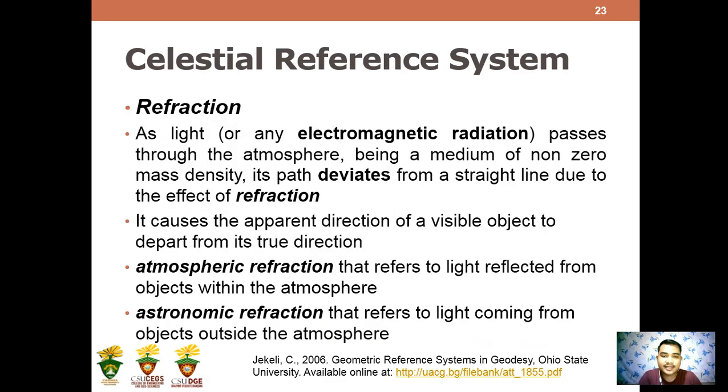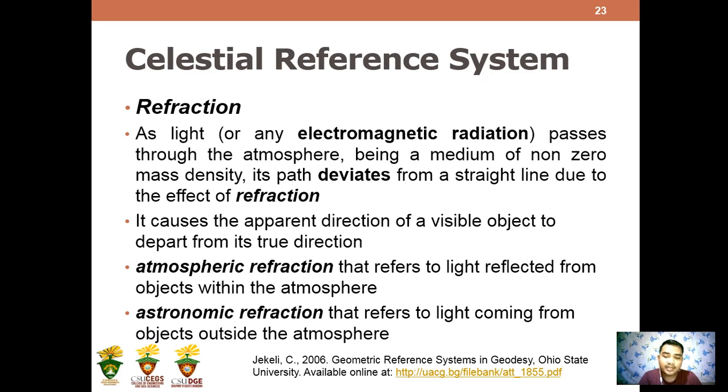Alright, so next is refraction. For refraction, as the light or the electromagnetic radiation passes through the atmosphere, being a medium of non-zero mass density, its path deviates from a straight line due to the effect of refraction.